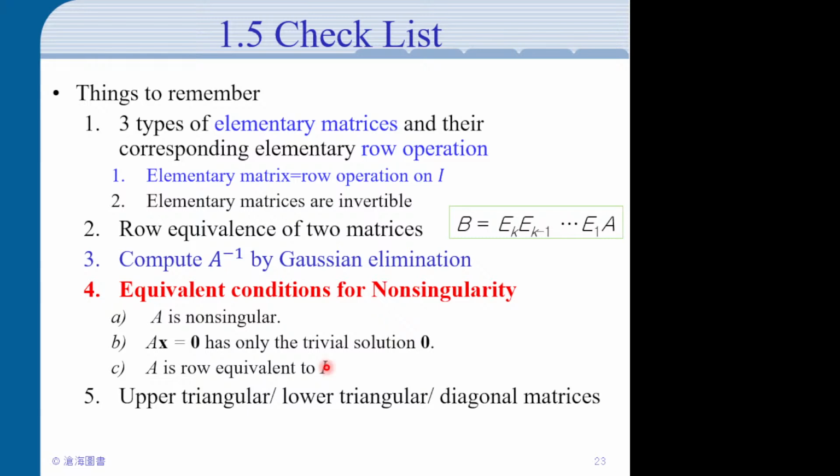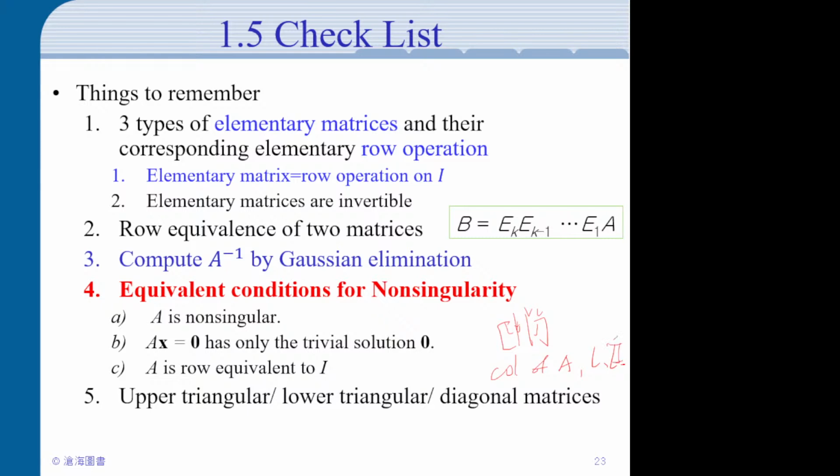And later we see that the second one can also have a characterization when A is not square.